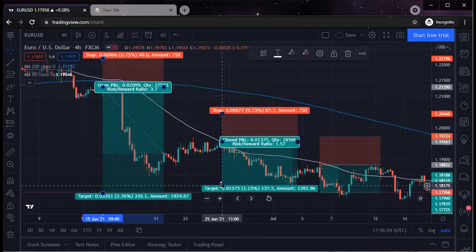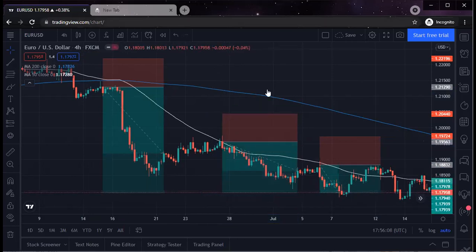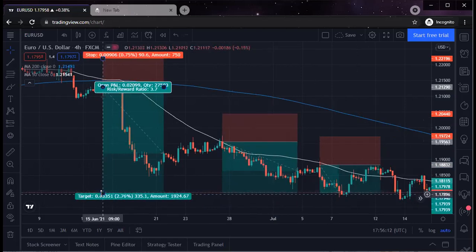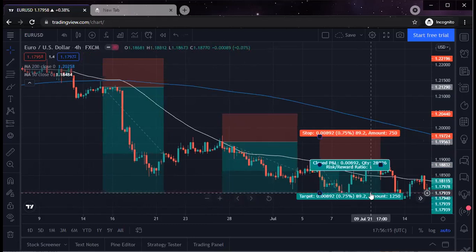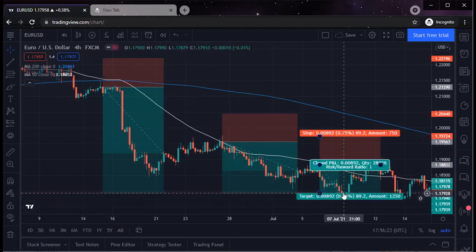And this one was also running, so bring this one to this side as well. So you see, we entered 3 trades from 15th June all the way to 7th July. Just 3 trades.